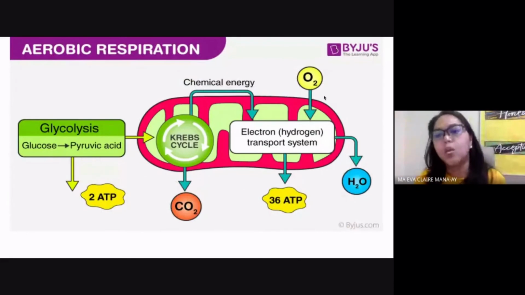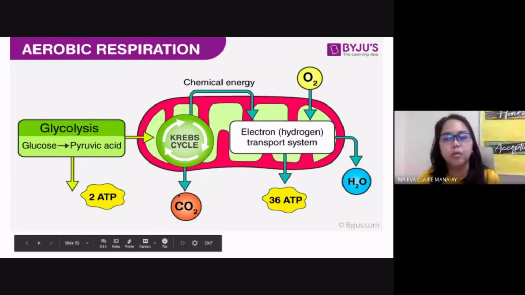Now, as you can see, oxygen and glucose are the reactants of your aerobic respiration. These are actually the products of your photosynthesis, and they are used up to start aerobic respiration, or cellular respiration. Now, the products of cellular respiration, again, will be water and carbon dioxide, and of course, ATP. And carbon dioxide and water are going to be the reactants of your photosynthesis.